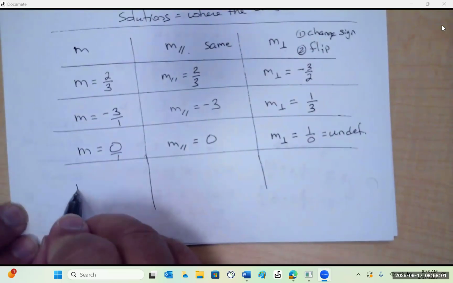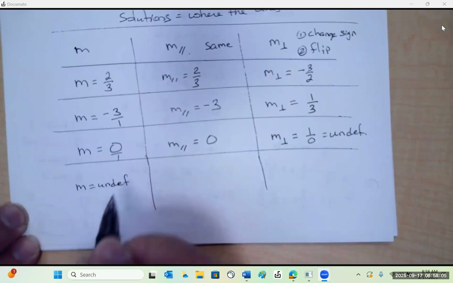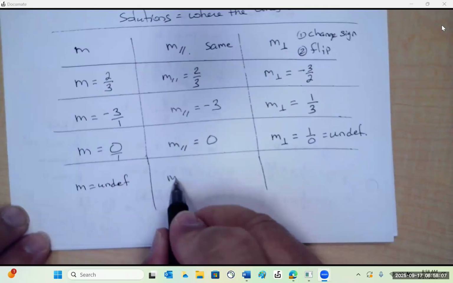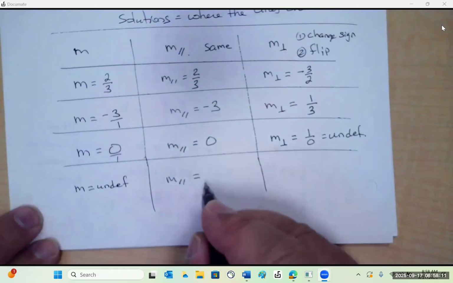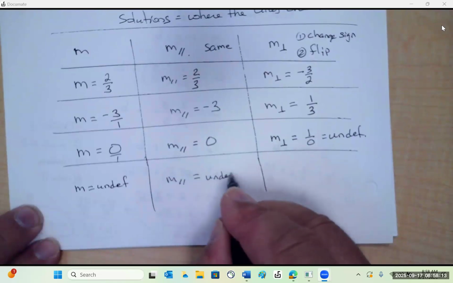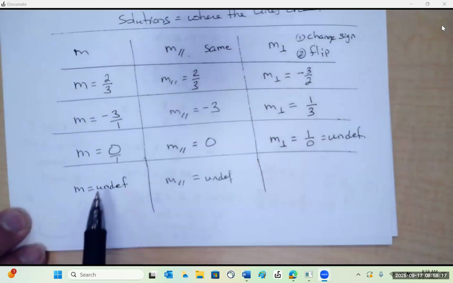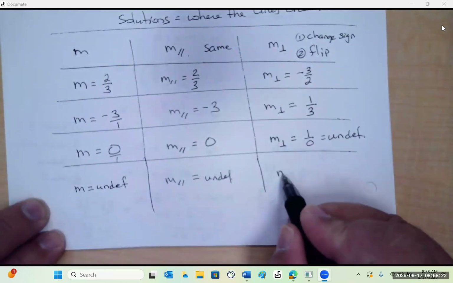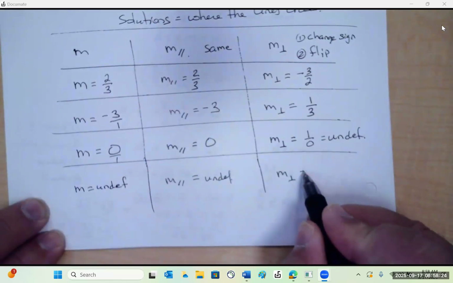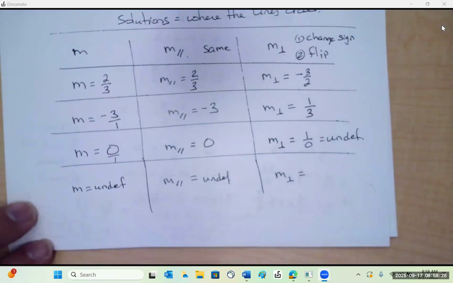What if I gave you a slope that's undefined? What's the slope parallel to it? It's also undefined. Remember, parallel is the same, whatever that is. Just copy it over. What's perpendicular? That one's 0. It can't be the same. Why is this one undefined?